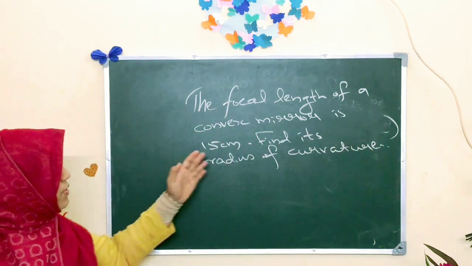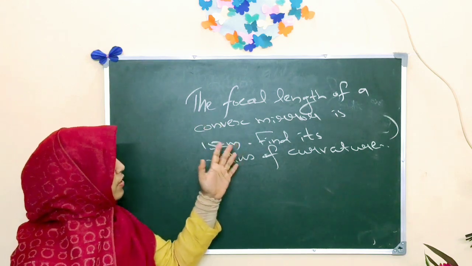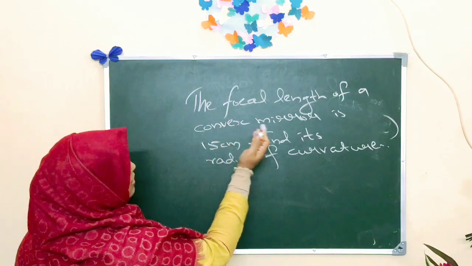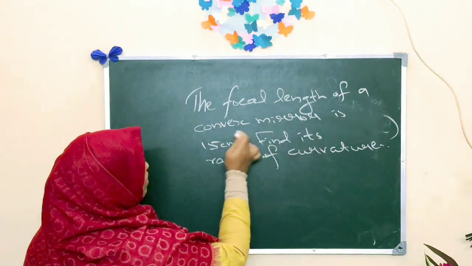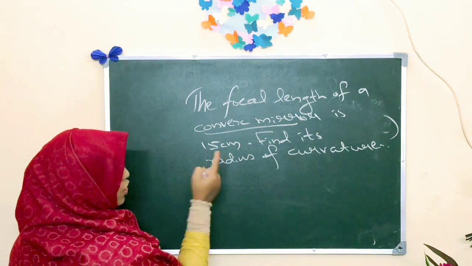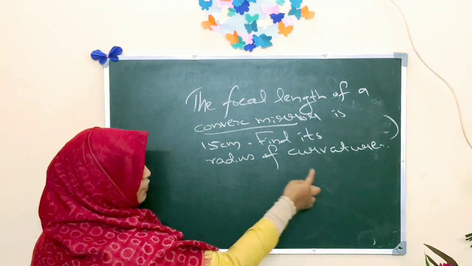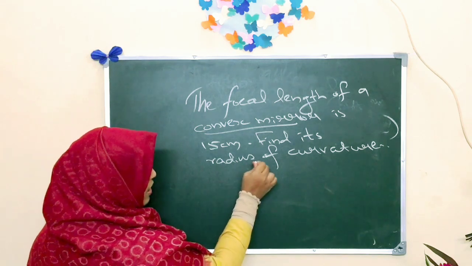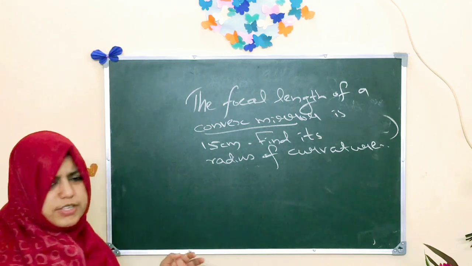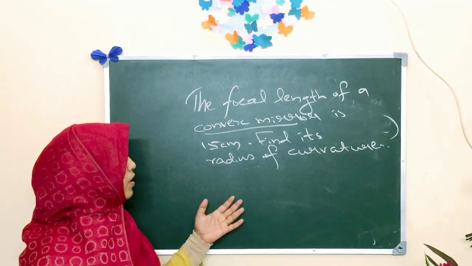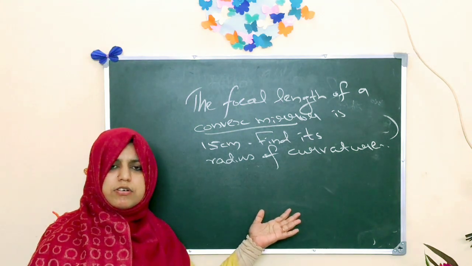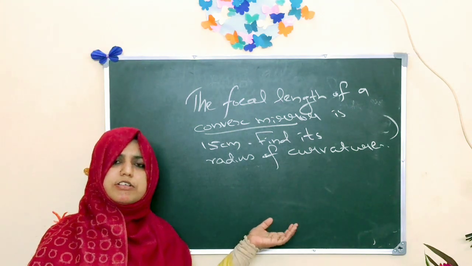Okay, this is the question. Do this problem yourself. You have to find the radius of curvature, capital R. Here you can use F is equal to R by 2, or R is equal to 2F.